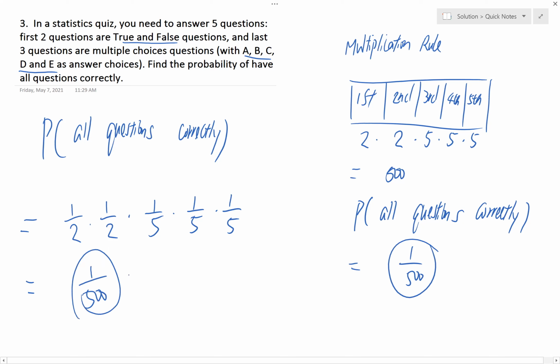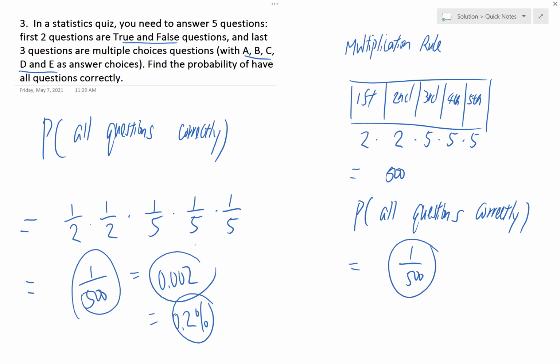Again, this is an exact fraction, and you can turn it into an exact decimal, and this turned out to be 0.002. Also, you can look at it as 0.2%. Okay, so either one of these answers will be perfect. Let me know if you have any questions on this, before we move on to question 4.